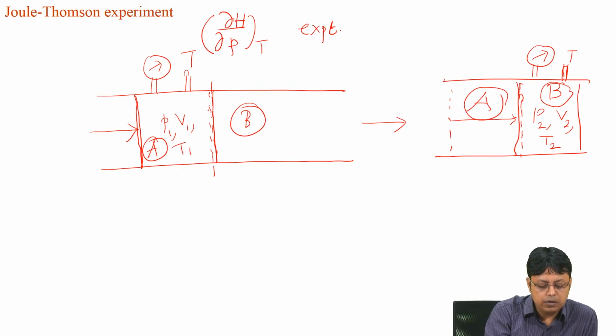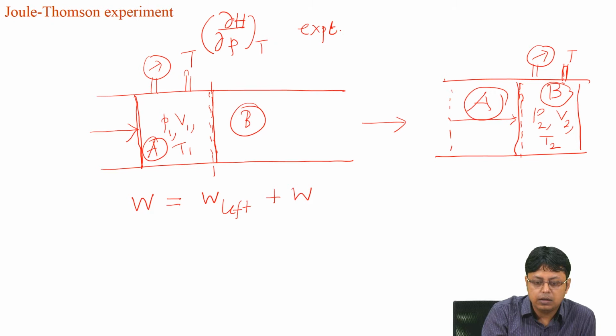So, if we want to write down what was the work done in this process, the total work done is nothing but the work done on the left hand side, WA, and the work done for chamber B together. Now, what was the work done for chamber A? The expression for work done is minus P opposing into dV.